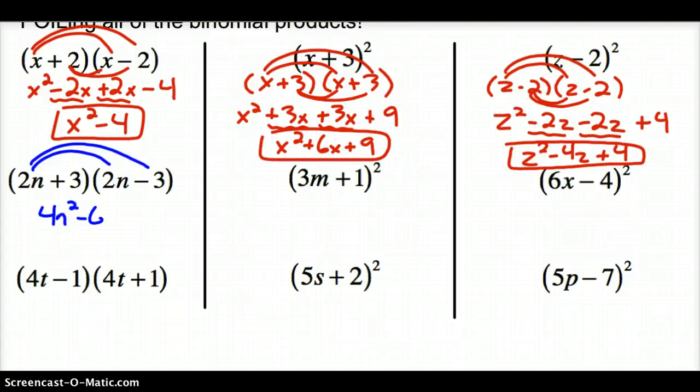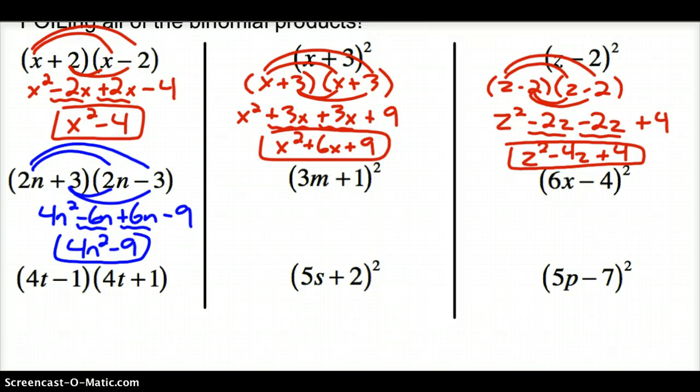That'll give me a negative 6n. The insides will give me a positive 6n. And then last times last here will give me a negative 9. All right, so if I combine like terms here, those are opposites, so it'll just cancel out. So I get now 4n squared minus 9, and that is going to be my simplified expression.